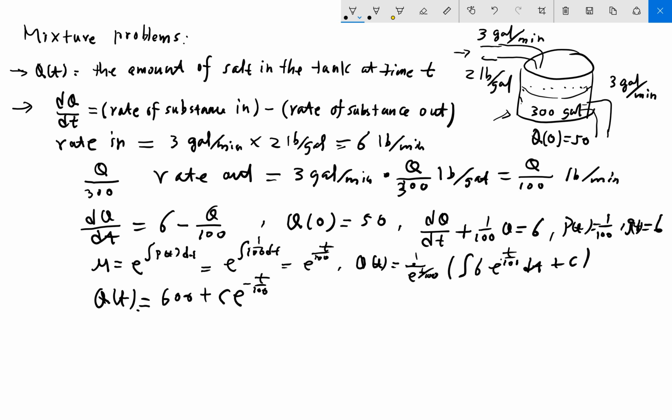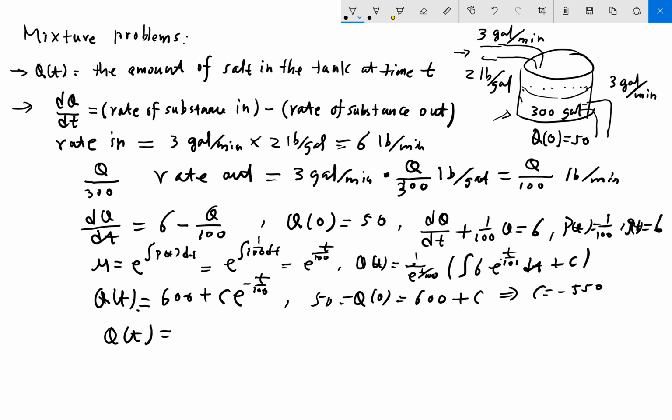Then we know at the beginning t equals 0, Q equals 50. So therefore we have 600, let t equal to 0, c e to the 0 gives you 1. Therefore c here is minus 550.